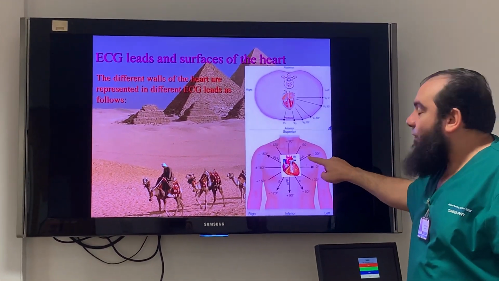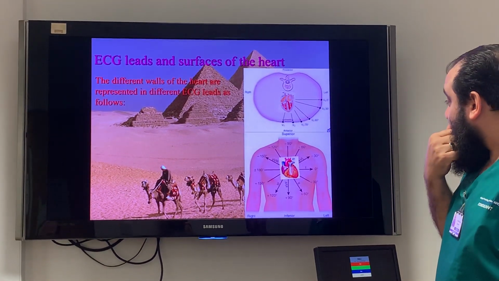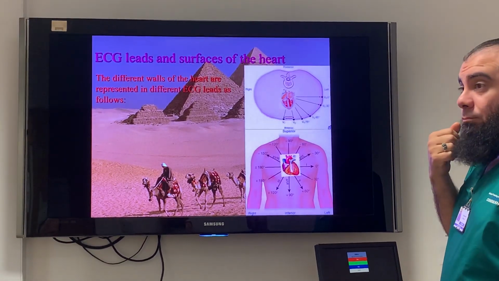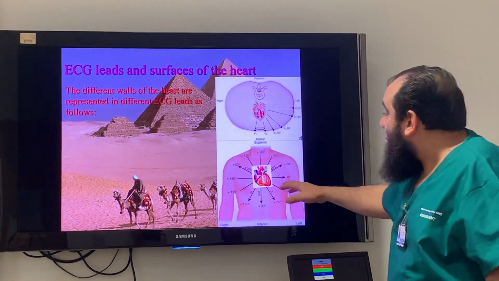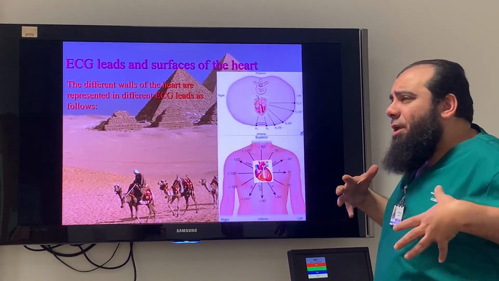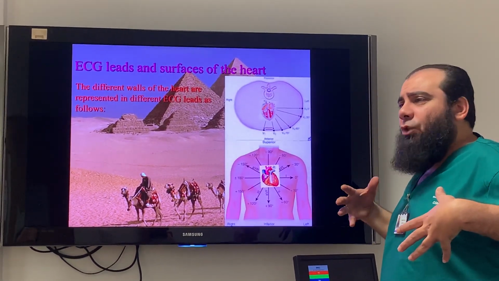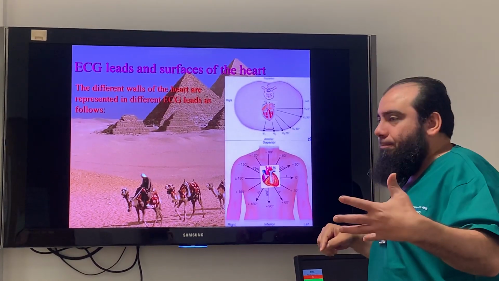Lead 1 from there. aVL from there. Okay, are we missing something? Posterior. It's all anterior. The left ventricle sounds wrong, but what is actually posterior is not there. That's why we might need it later, if we need.